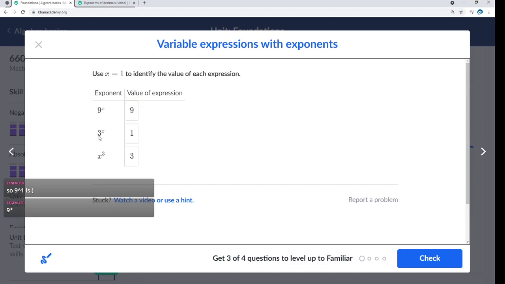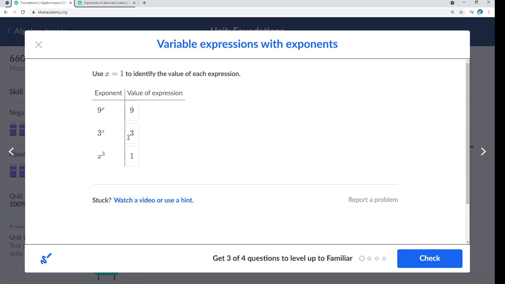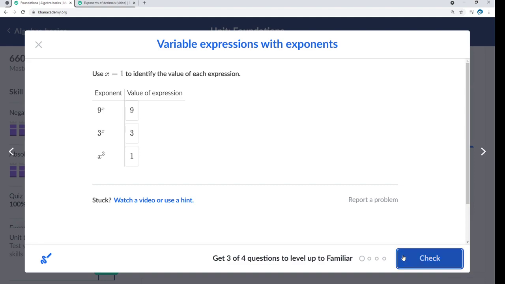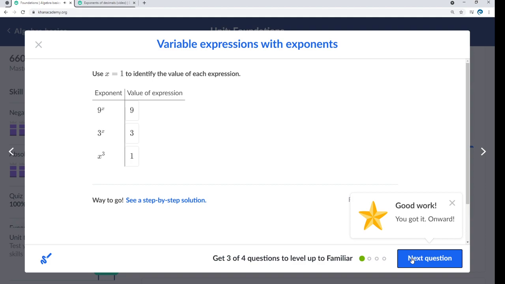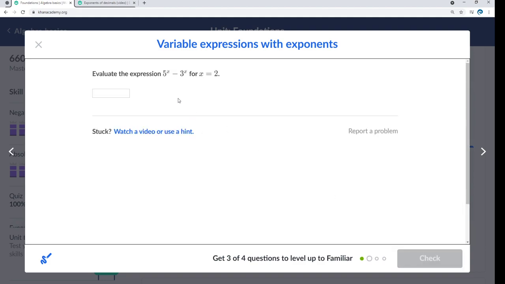And then 3 to the first power is 3. And then 1 to the third power is going to be 1, because 1 times anything is going to be 1, right? Pretty sure. 1 times 1 times 1 is definitely 1. I know that for sure. We got it.